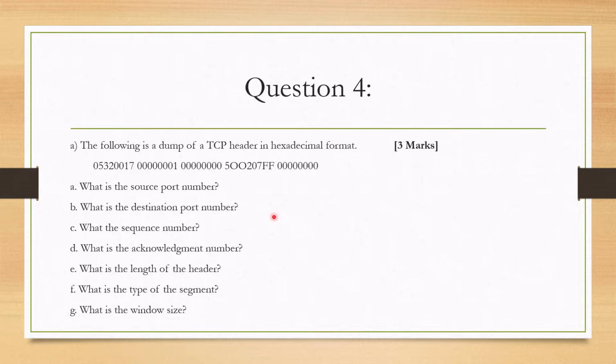It is in hexadecimal format, like 0532 0017 0000 0001 8 zeros 5002 207FF and 8 zeros. What do we need to find? We need to find the source port number, the destination port number, the sequence number, the acknowledgement number, the length of the header, the type of the segment, and the window size.